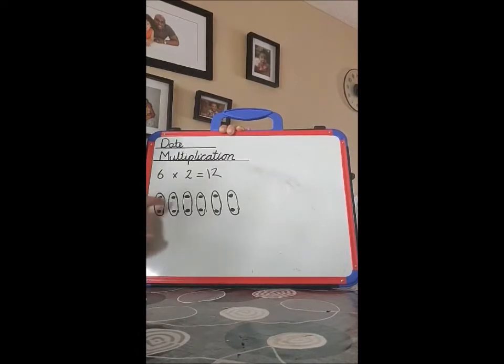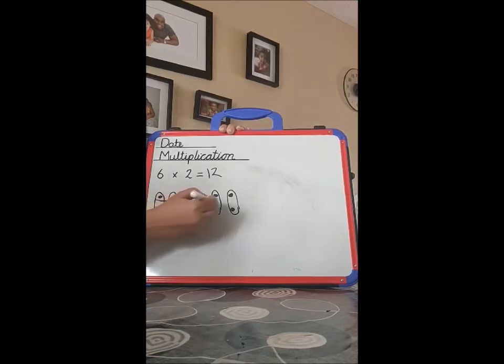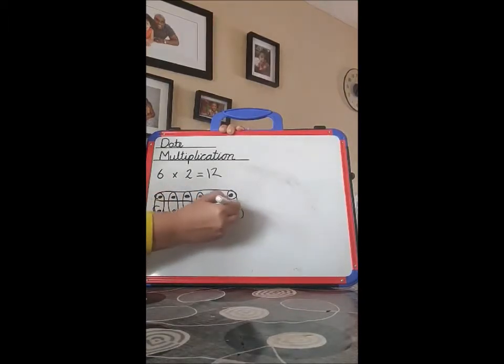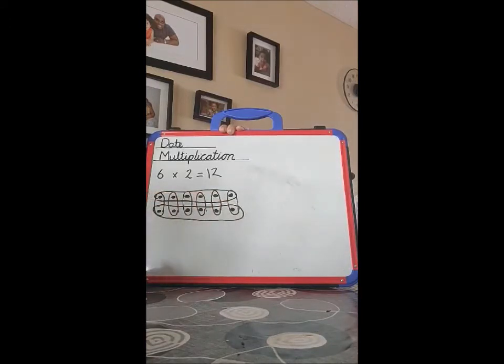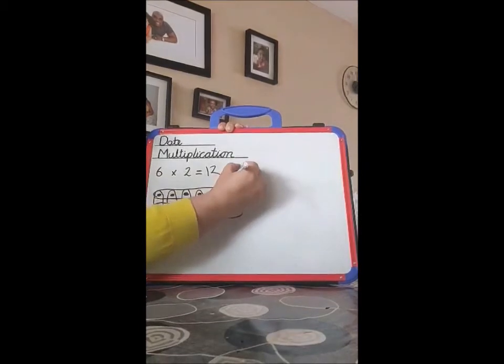So I've set my dots out in an array because, yes, it shows me the answer to 6 groups with 2 in each group, but it also shows me the answer to this. 2 groups of 6.